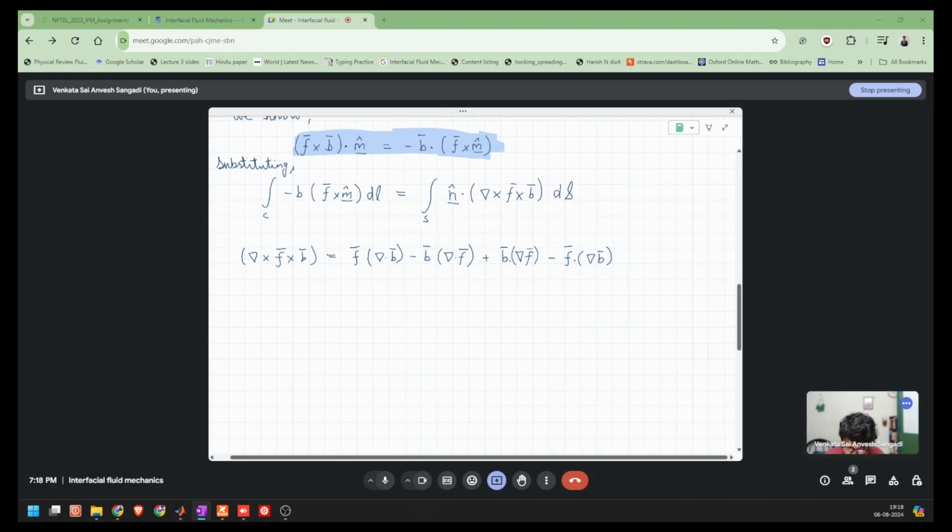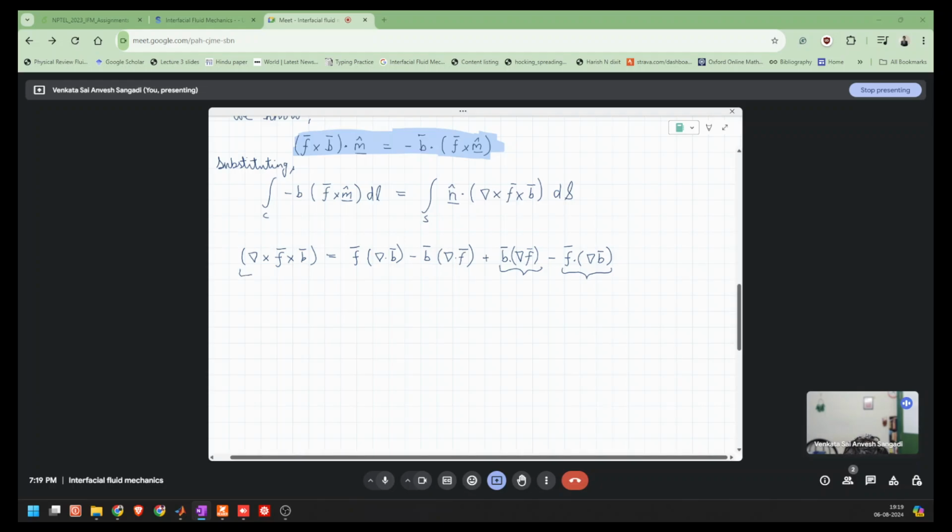Notice there is a dot between b vector and grad f, and f vector and grad b. Grad of a vector f will give a tensor which is dotted with a vector b, which in turn is a contraction and will give us a vector again, and therefore the expression is consistent, and also this can be easily verified using Einstein notation.